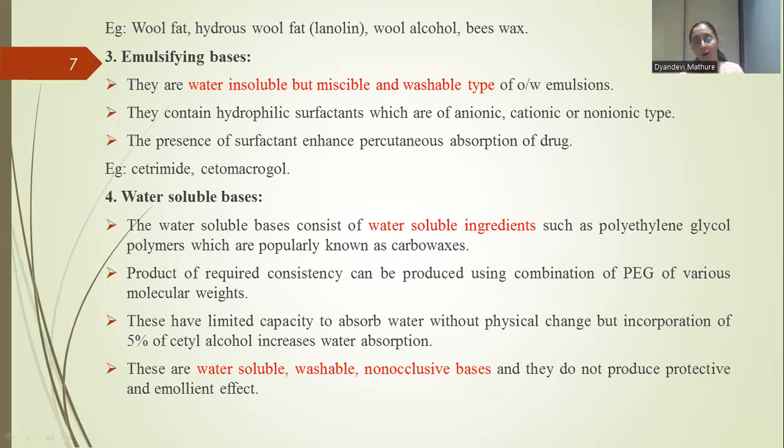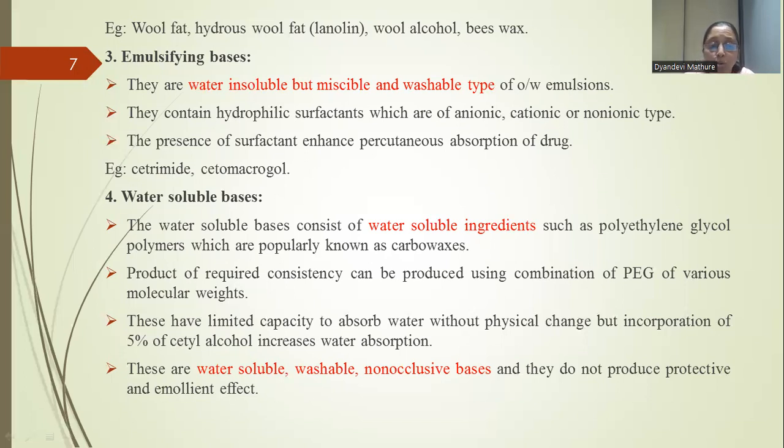If you remember, PEG is available in different molecular weights, like polyethylene glycol 400, 2000, 4000, 6000, 8000. So these are the different grades of polyethylene glycol depending on its molecular weight. So if you want an ointment of, say for example, more consistency, you can use a higher molecular weight of polyethylene glycol. According to the molecular weight, some polyethylene glycols are available in liquid form, some are available in solid form also.